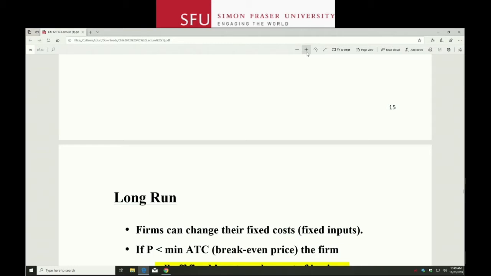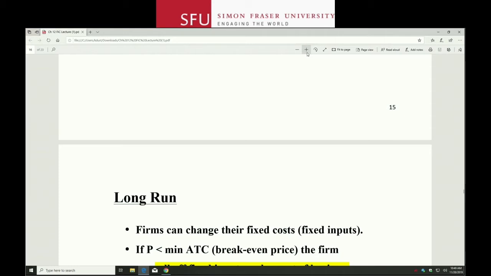In the long run, if the existing firms are earning profits, so the price is high, other people who are thinking about starting a business are going to say, oh, that's a good good to produce, because if I produce that good, I'm going to make more profit. And so other firms will enter the market.